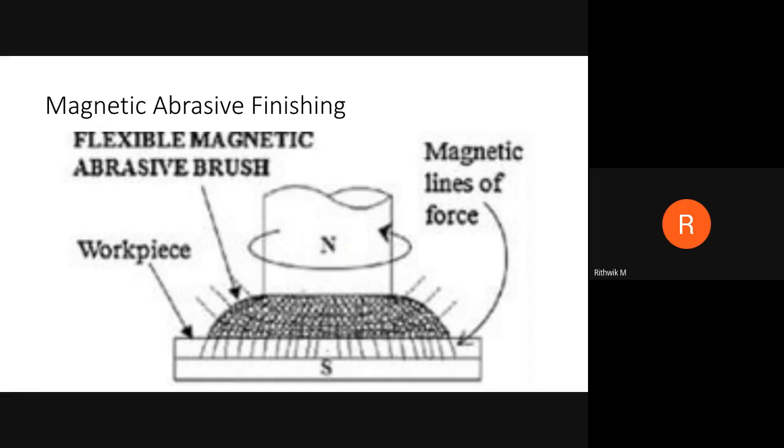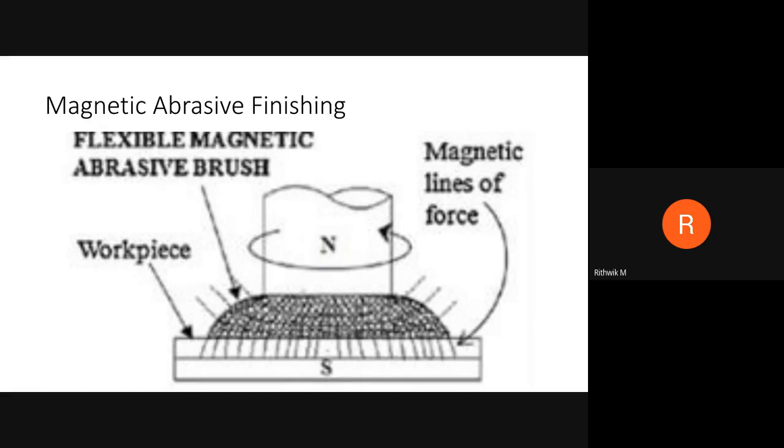So in magnetic abrasive finishing (MAF), we take a mixture of non-ferromagnetic abrasive particles mixed with ferromagnetic iron particles, and this mixture is magnetically energized using a certain magnetic field.